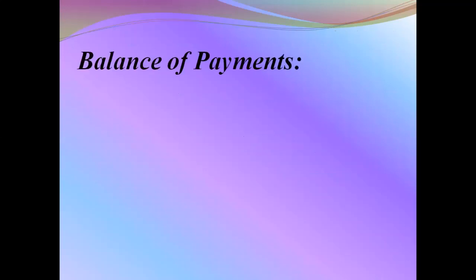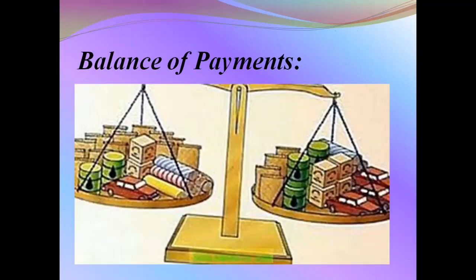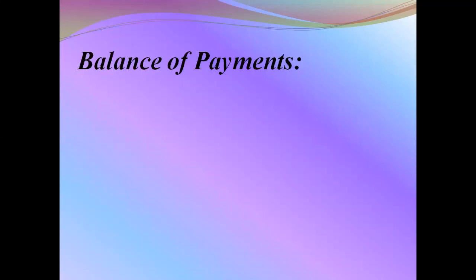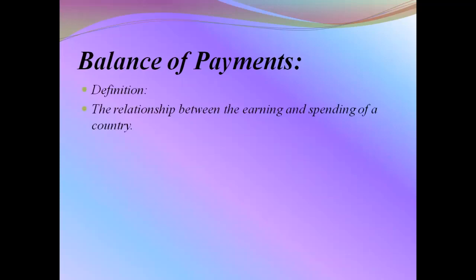Now, come to our next topic, that is balance of payments. Balance of payments means the relationship between the earning and spending of a country, right? So now here comes the definition of balance of payments: the relationship between the earning and spending of a country. Just take an example of an ordinary family.